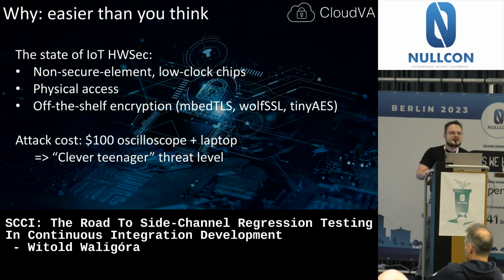Some of them are sensors that are outside of buildings that even other people, not just the customer, also have access to. So you have a non-secure element, a chip that was never designed to be exposed to attackers physically, and they are physically exposed to attackers. And then they use off-the-shelf encryption, either hardware or software, but still it's mostly off-the-shelf.